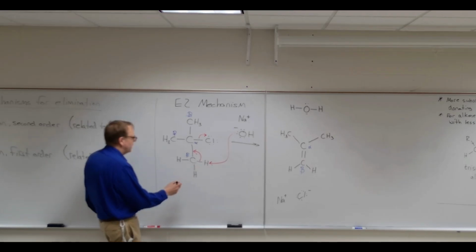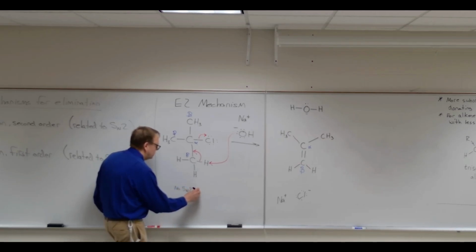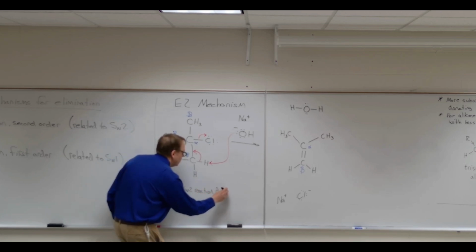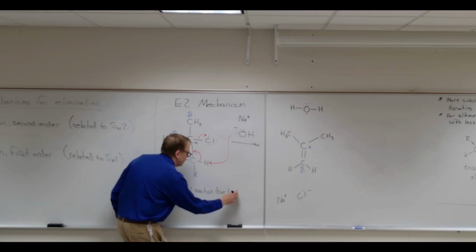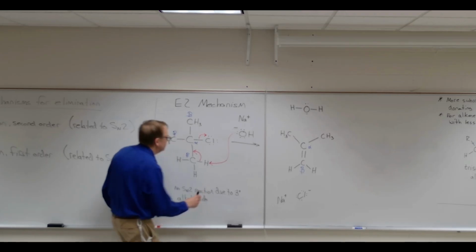So what I'm going to say here is no SN2 reaction due to tertiary alkyl halides. So alkyl halides that are tertiary don't undergo SN2 reactions because they're just too hindered.